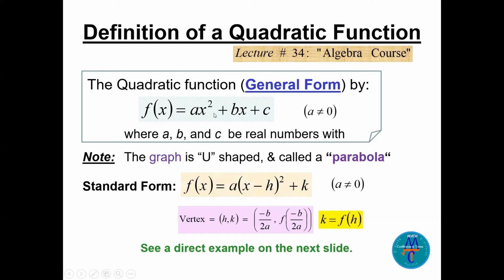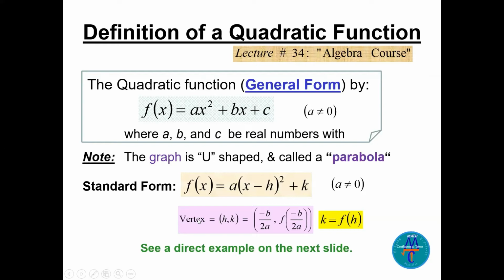Standard form: to graph this easily, you have to go to standard form. f of x is equal a, the same a, times x minus h squared plus k. A is the same number here, but b and c, you cannot see them in the standard form. You will see h and k. How do you find them? h and k together will make the vertex.